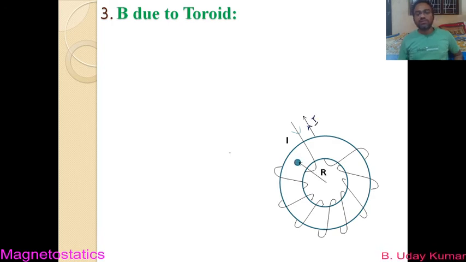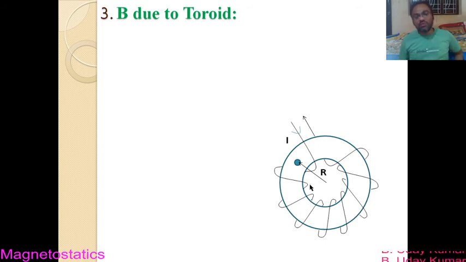Remember, the magnetic field will be produced only inside the toroid. I explained this already in our previous slide.